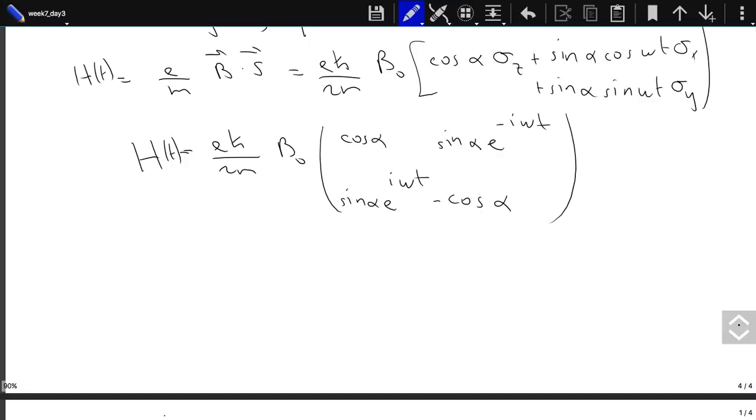At a given time t, the Hamiltonian is in fact nothing but e over m times B of t times the spin operator in the direction of B of t. Right?